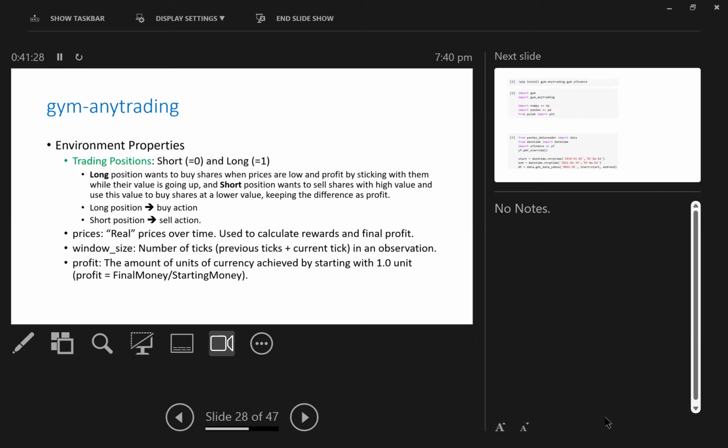Now, of course, this long and short position may not be too informative to see how the prediction will eventually lead you to profit or to some losses.